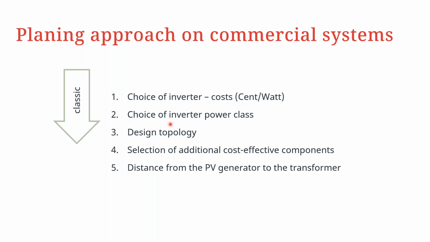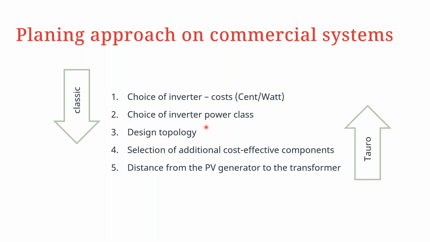Is it a centralized layout? Is it a decentralized layout? Then you think about the selection of additional cost-effective components. And this is where you are talking about the balance of system, for example, and then the distance from the PV generator to the transformer.